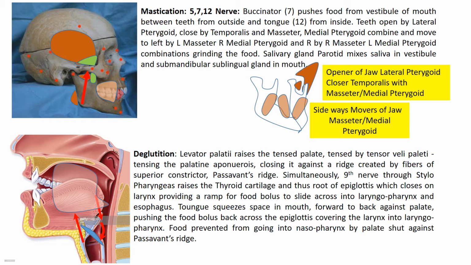The salivary gland parotid mixes the saliva in the vestibule, and the submandibular gland and the sublingual gland in the mouth. So this finishes the act of mastication, and the nerves involved are the 5th, 7th and 12th. So look at these diagrams carefully and see which muscle acts how.